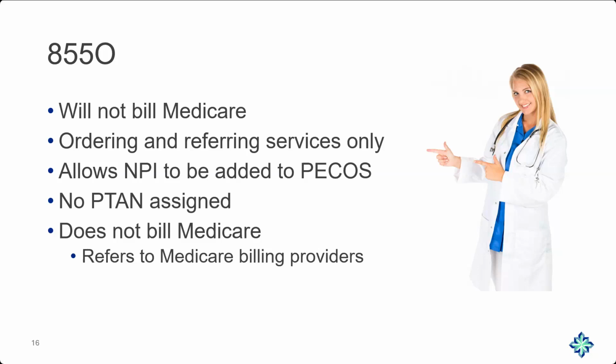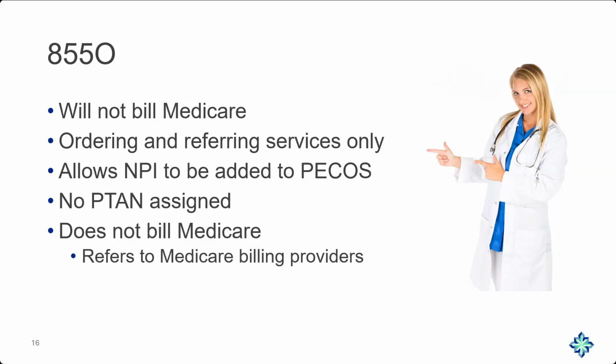So they may be providing a service to a Medicare patient that also qualifies for VA. That service is going to be billed to the VA. It's not going to be billed to VA and Medicare in that instance, but perhaps that VA facility does not have all of the specialties or all of the equipment that's needed to treat that patient.